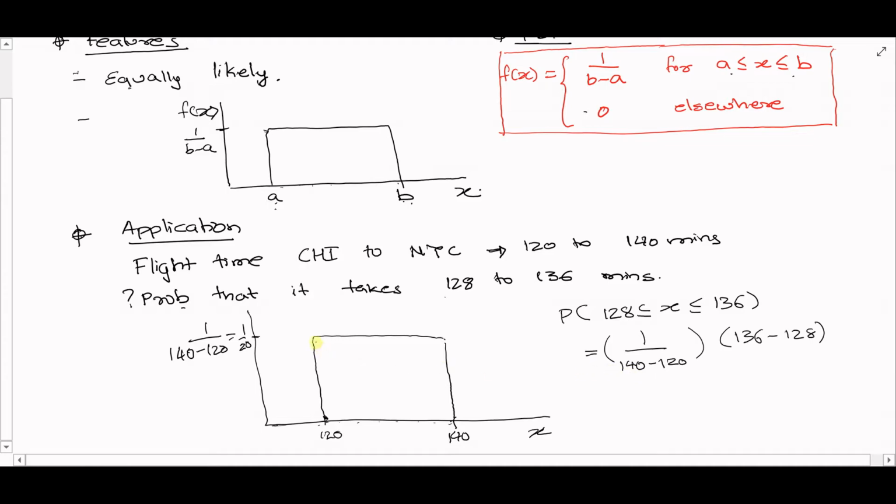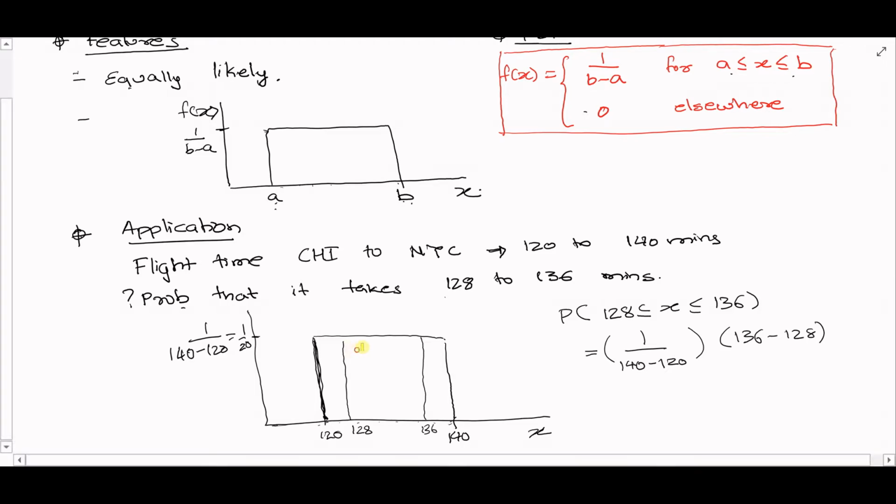So each x is having a probability of 1 over 20, and we are interested to find out this area between 128 and 136.